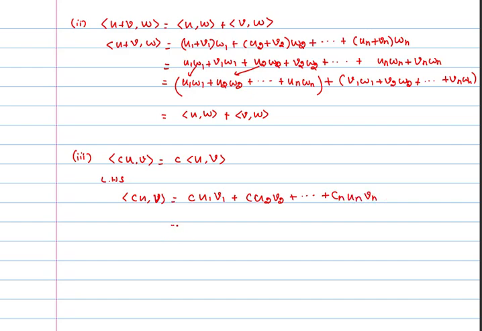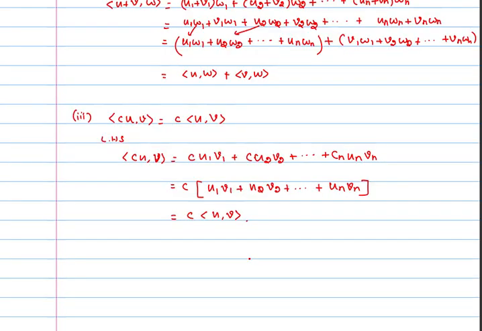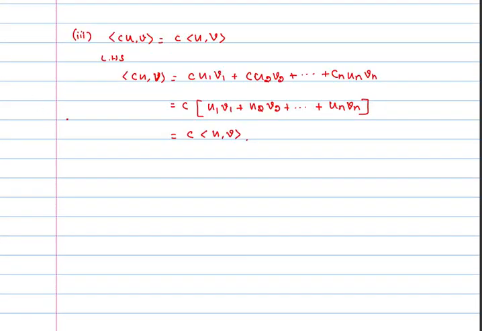Then take C out commonly, leaving U1 V1 plus U2 V2 and so on up to Un Vn. This is nothing but C times the inner product of U comma V. So the third condition is also satisfied.